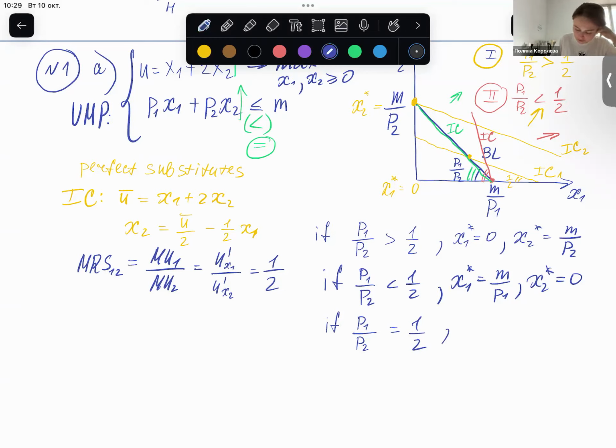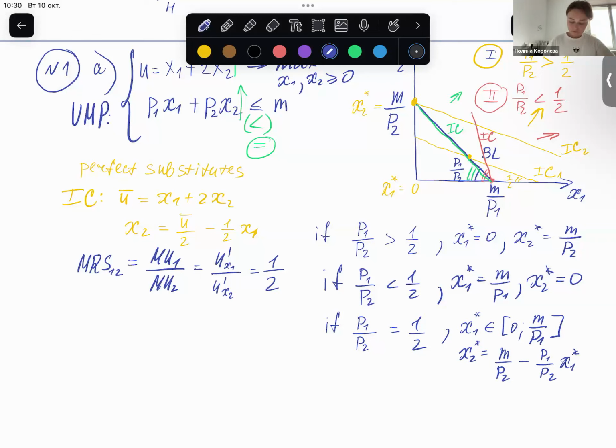So in such a situation, x1 will belong to the interval from 0 to m over price 1, and x2 from our equation of the budget line is equal to m over p2 minus p1 over p2 x1.